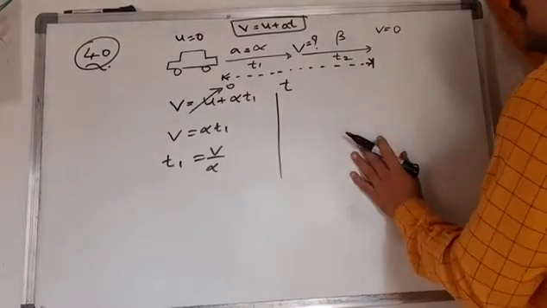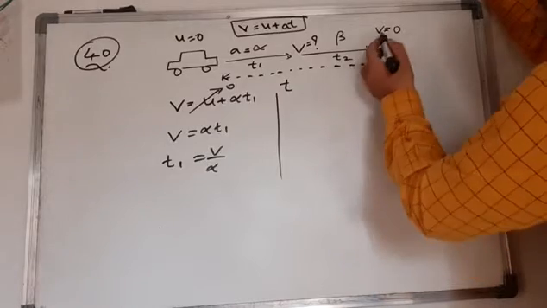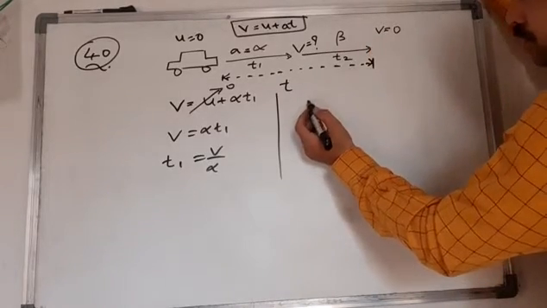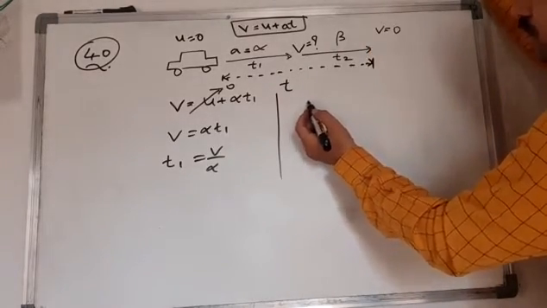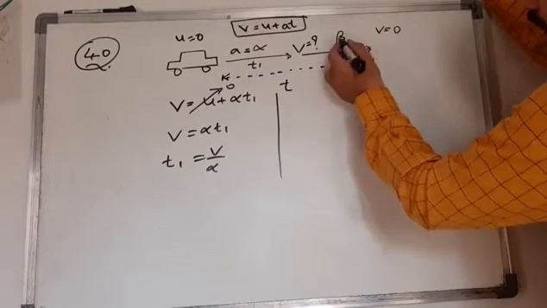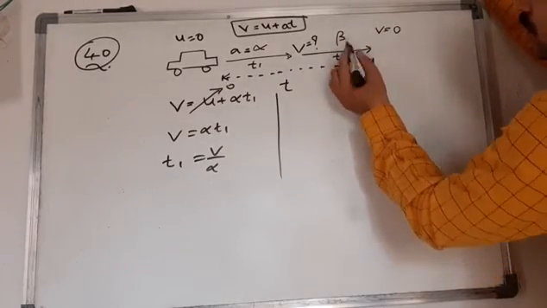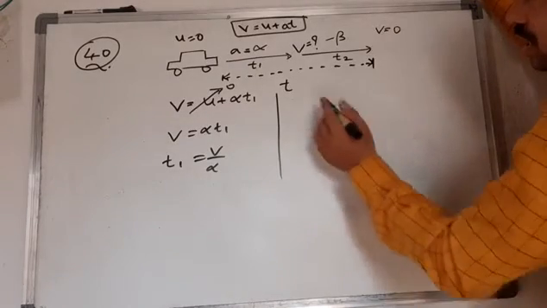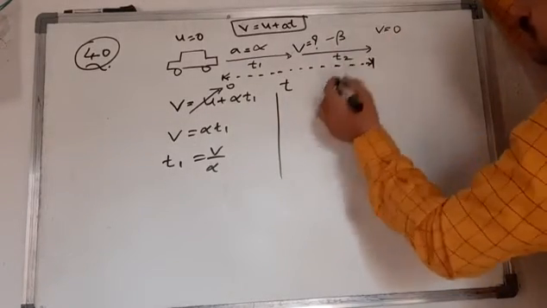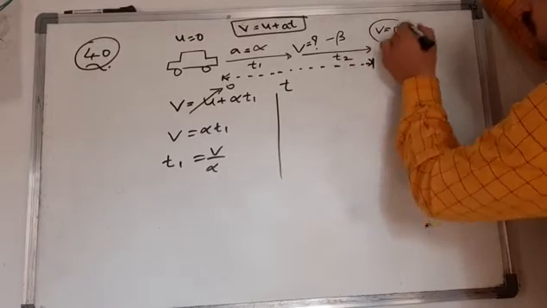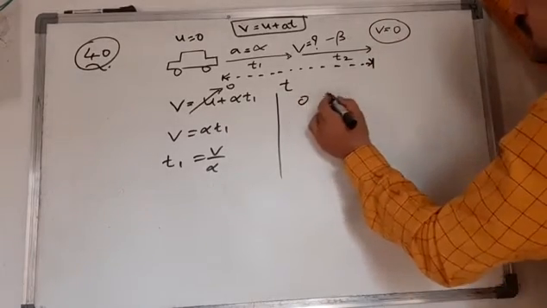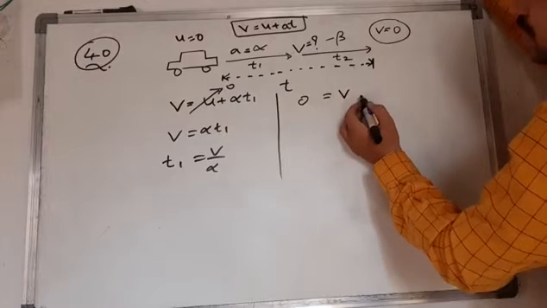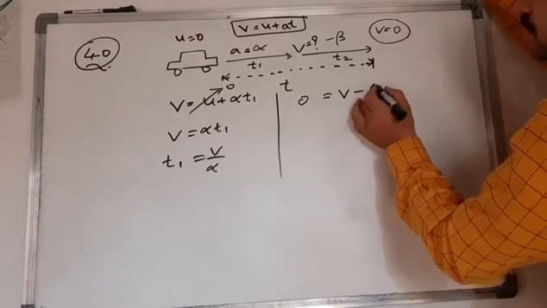In the second phase, this is deceleration, so negative will be given. Final velocity is 0 here. So 0 is equal to v minus beta t2.